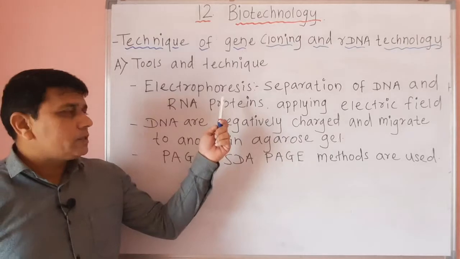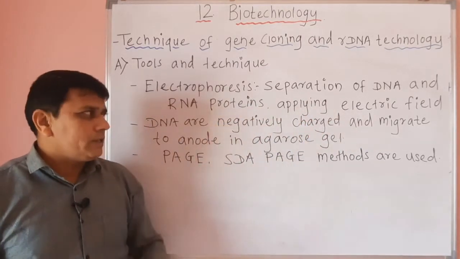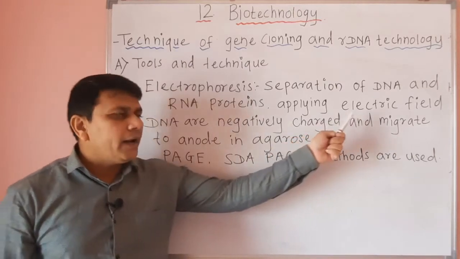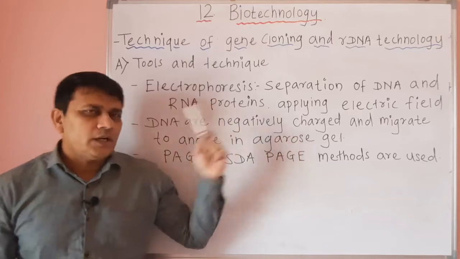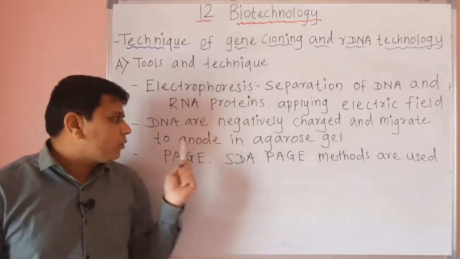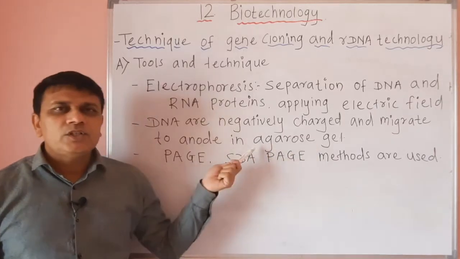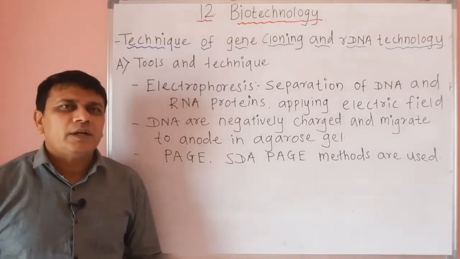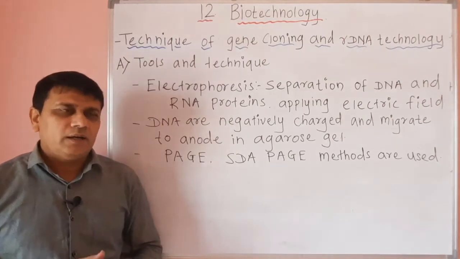Now electrophoresis means it is the separation of DNA, RNA and proteins by applying electric field. Now you know that DNA are negatively charged and they will migrate to the anode in agarose gel, which is used in the electrophoresis technique. Now agarose gel is prepared from a substance called as agar-agar.